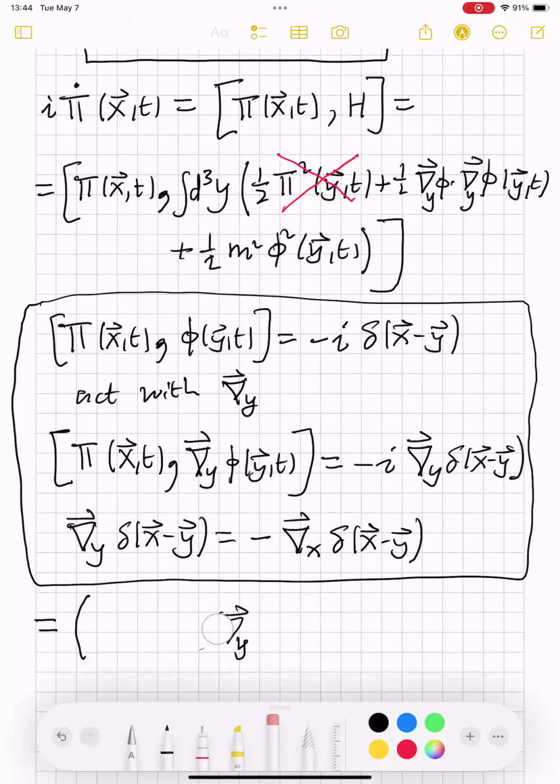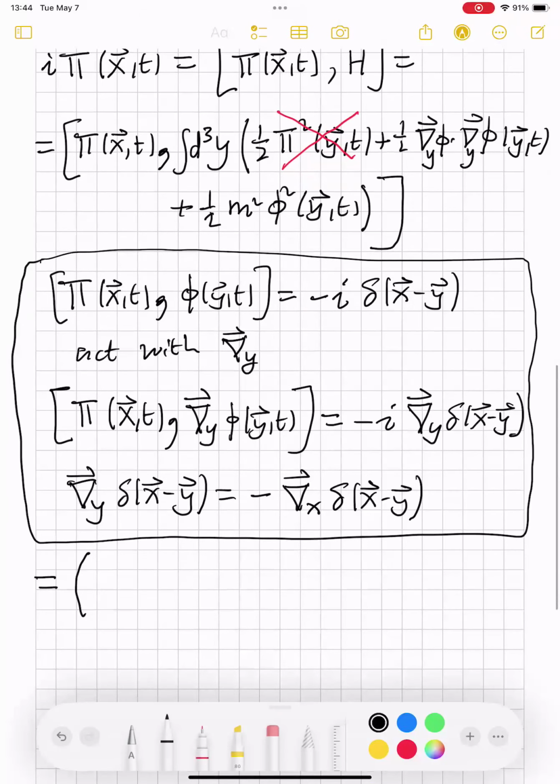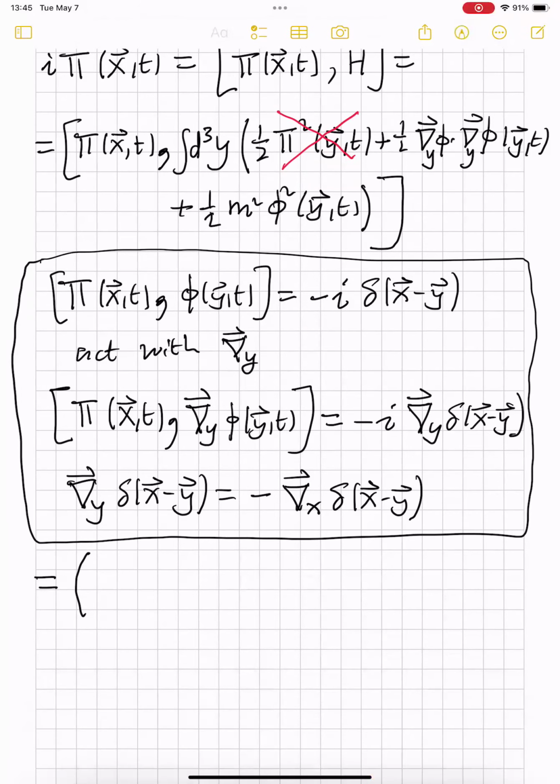So let me just erase this. So the commutator of pi with phi gives us minus i, the gradient with respect to y of delta of x minus y. So this is the pi with the gradient of phi, and then we've got the second term, so this is dotted into the gradient of phi of y comma t.